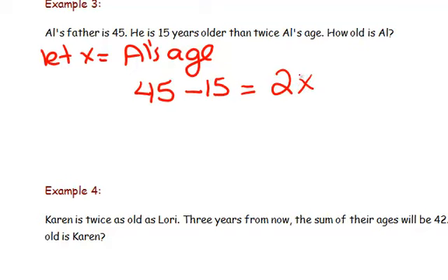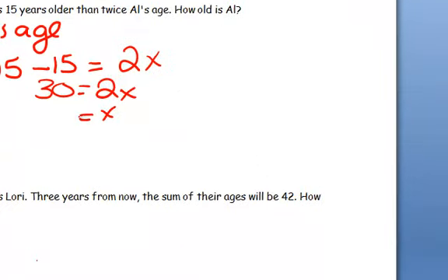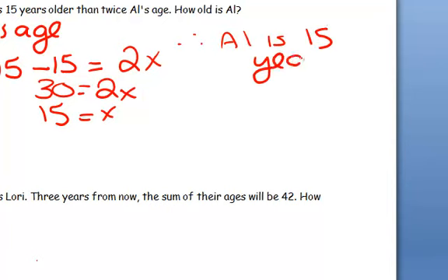He's 15 years older, so in order to make them equal, I have to subtract 15 in order to make it equal to twice the age. So 30 is equal to 2x. x is equal to 15. So therefore, Al is 15 years old.